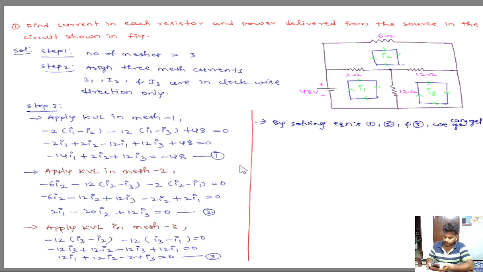Then press equal, and we get the values. I1 is equal to 14 amperes, I2 is equal to 8 amperes, and I3 is equal to 11 amperes.